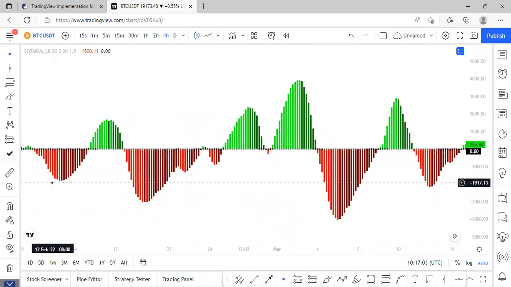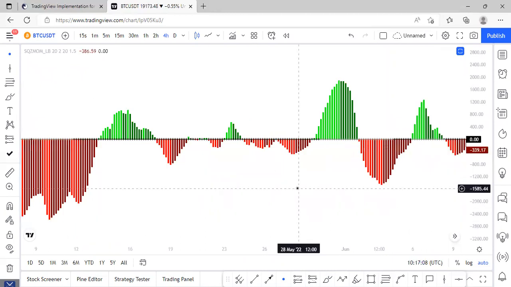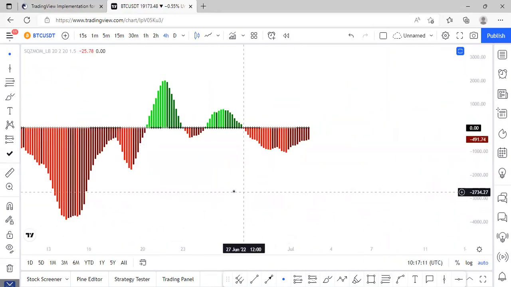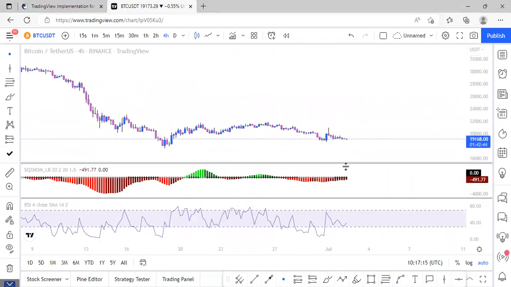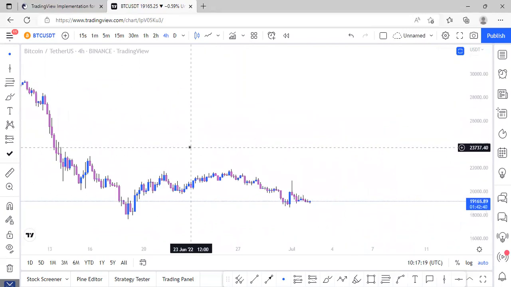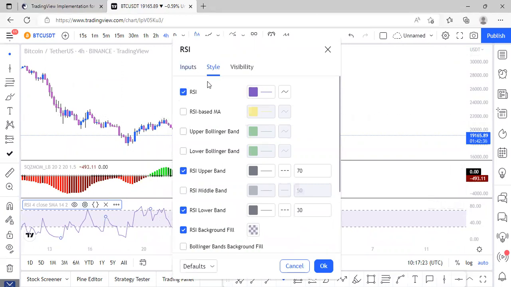Let me see if there's another example. Okay, something like this, but it is actually small, but no problem. We can go ahead. So basically, this is how my chart looks, and then the indicator below is RSI.